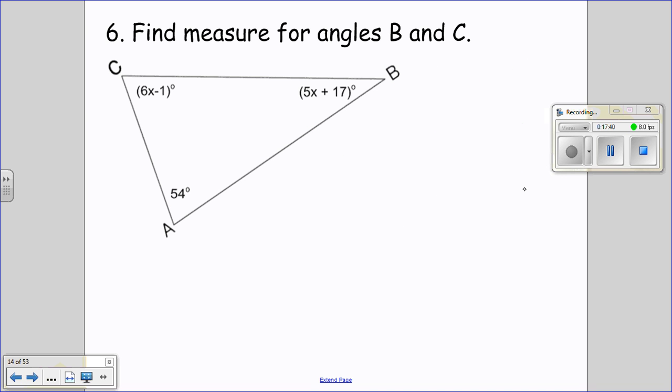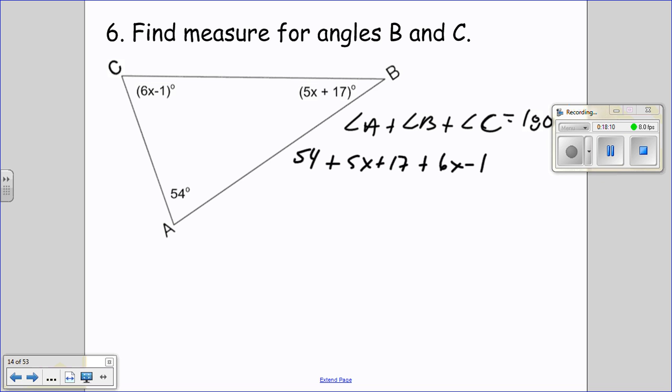All right, this one would like for us to find the measures of angle B and angle C. But to do that, I first need to find x. Again, all three angles, angle A plus angle B plus angle C should equal 180. So that means 54 plus 5x plus 17 plus 6x minus 1 should equal 180.